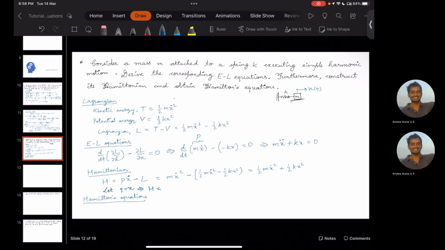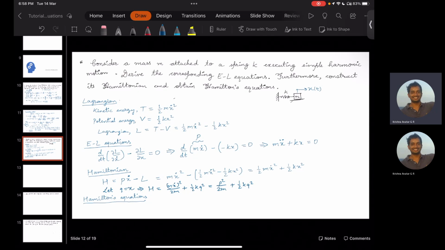Okay, so H is equal to m x dot whole squared by 2m plus half k q squared, which is equal to p squared by 2m plus half kq squared, right?